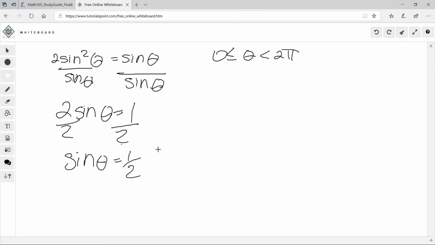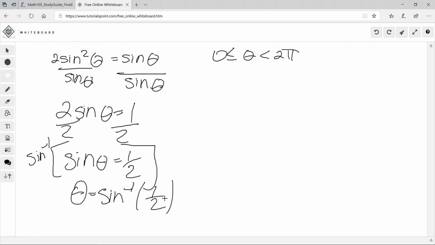Then you can apply sine inverse, so theta equals sine inverse of 1/2. So it's saying what degrees and radians give you a positive sine of 1/2, and our only options are pi over 6 and 5 pi over 6.